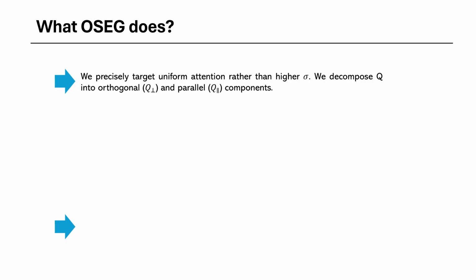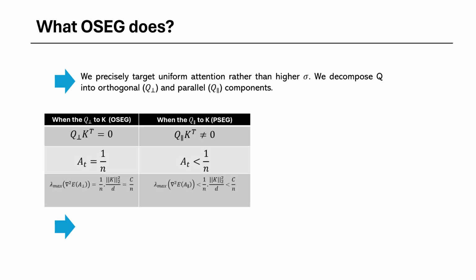So what OSEG does, considering this, is decompose the query tokens into orthogonal and parallel components with respect to the key components, and apply a thorough examination of which components are responsible for better generation.